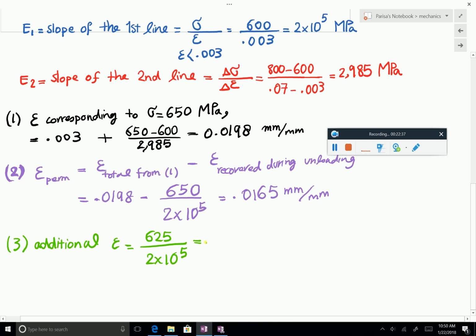And this is just a tiny amount. And we all agreed that it's elastic because we have increased the yield stress.